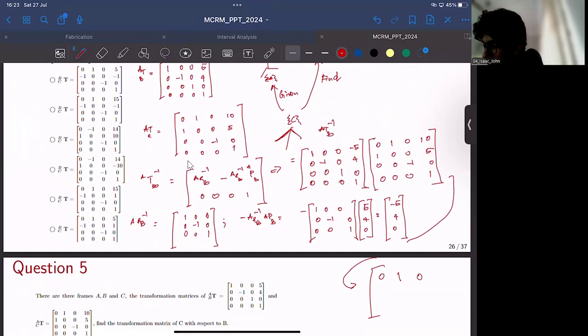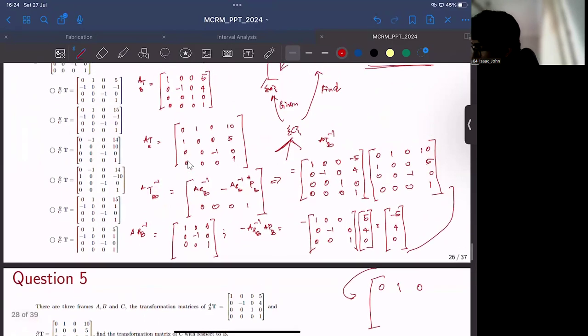Then it will be 10 minus 5, that will be 5. Second column would be minus 1, then 0, 0, 0, minus 5 plus 4, that is minus 1.